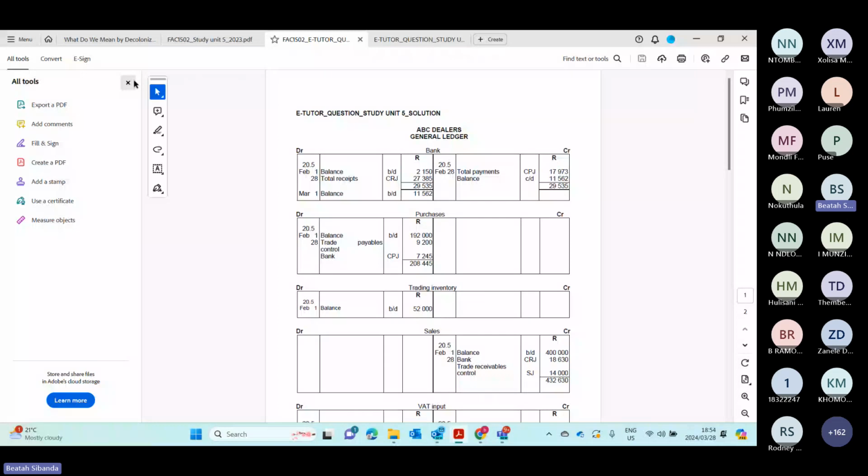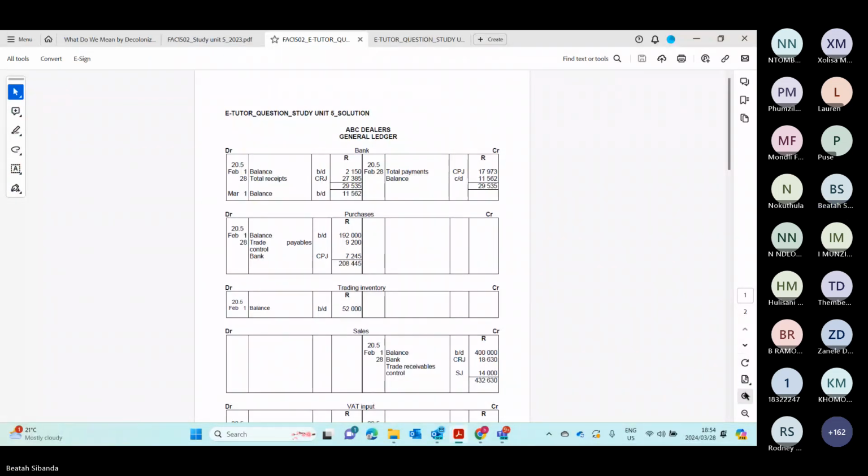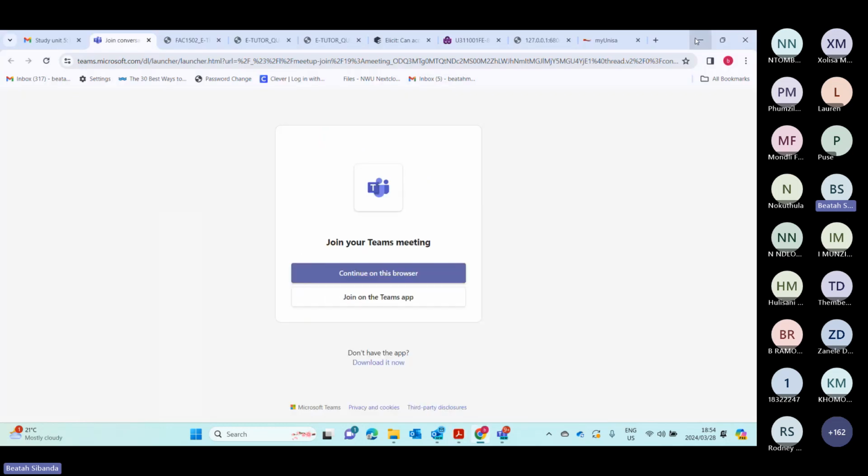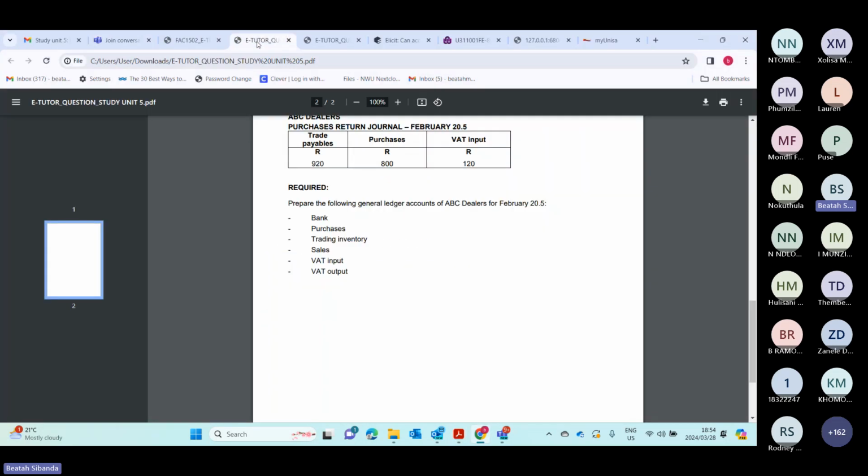So now, if we go to the bank account, we have the opening balance, the 2,150. The opening balance is coming from, sorry, I've accidentally closed my page.